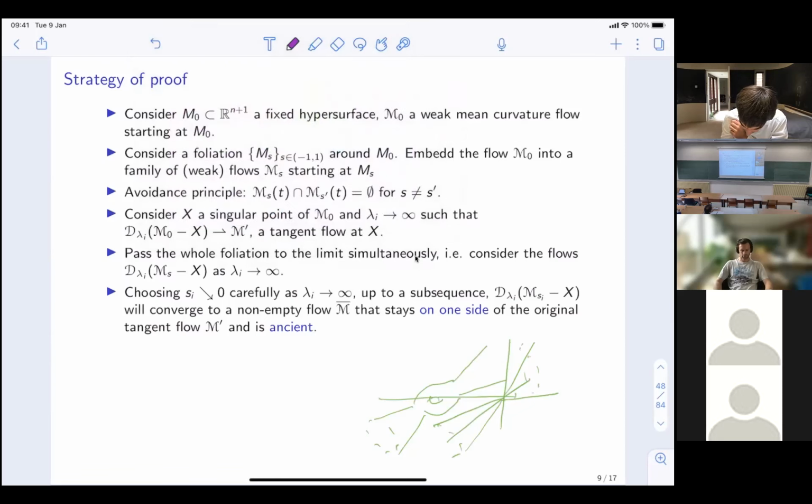So this is like a flow which sort of lives on the outside of this here. And in the end, it will somehow be somewhere on the outside of this cone here. See? That's the idea. But this flow is ancient, because we have scaled up everything. So it's not self-similar, but it's ancient. Okay.